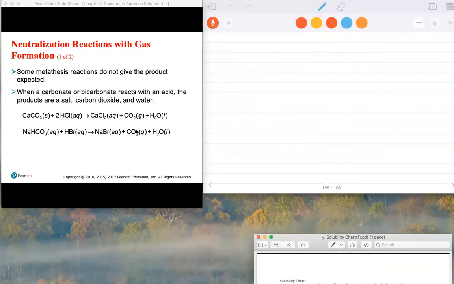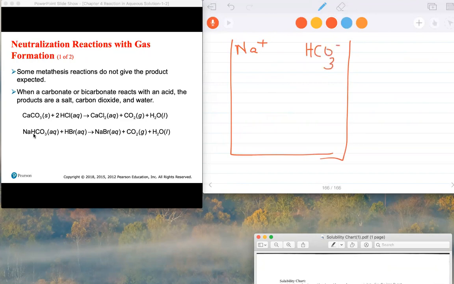You don't need to memorize the chemical formulas for the products on this side. Go back to the polyatomic ion table and look at, for example, the second reaction. It has a sodium ion and a hydrogen carbonate. Those are the ions for the formula. The second reagent is hydrogen bromide, and these are the ions.